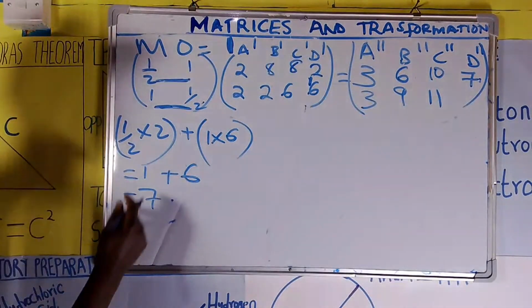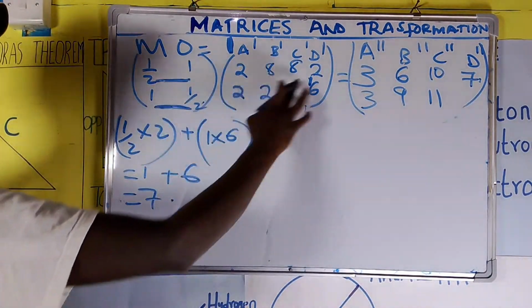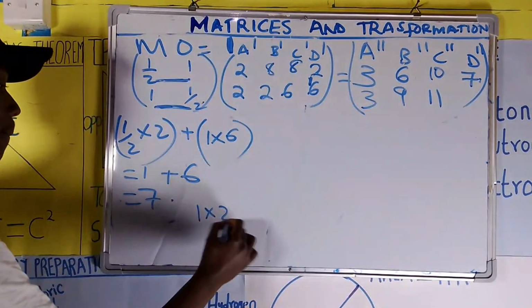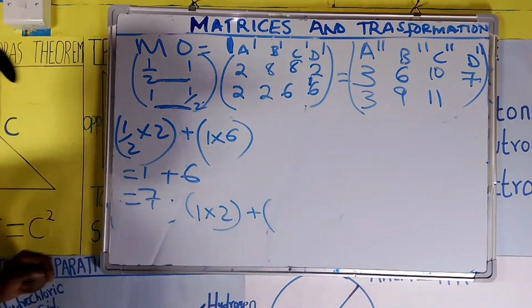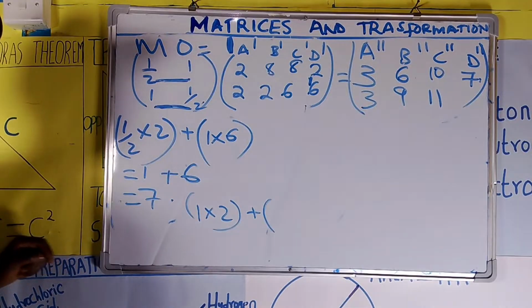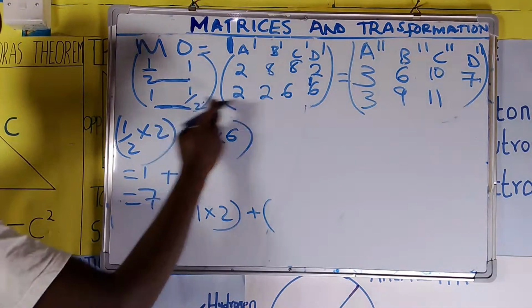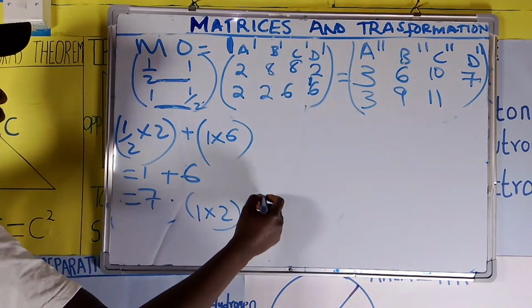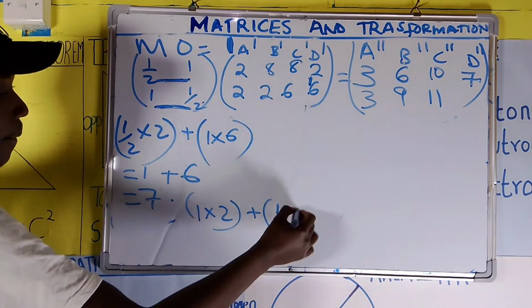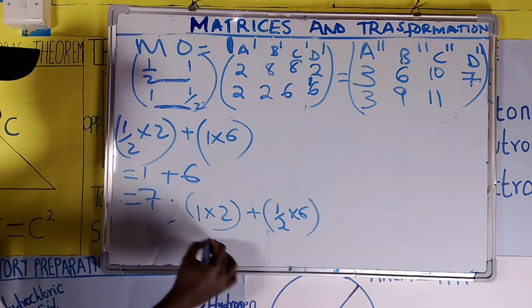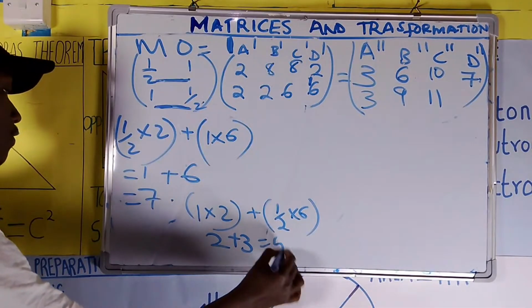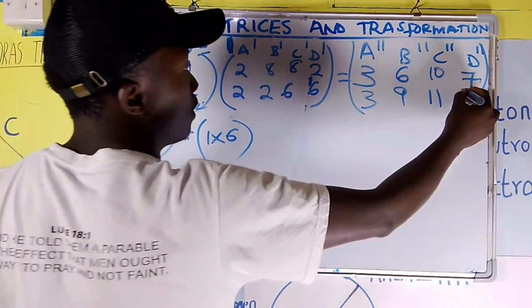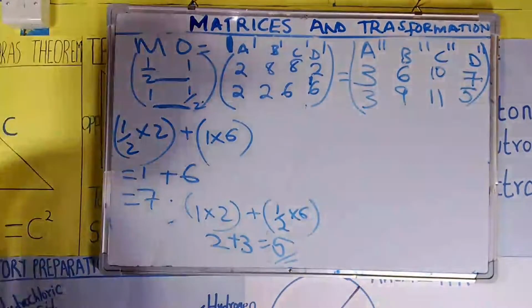Tuende ya chini. 1 times 2 is equal to 2 plus a half times 6 is 3. So 2 plus 3 is equal to 5. Hiyo nayo itakuwa 5. And we are done.